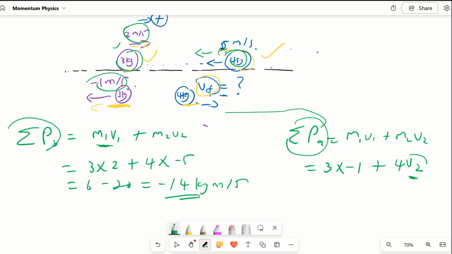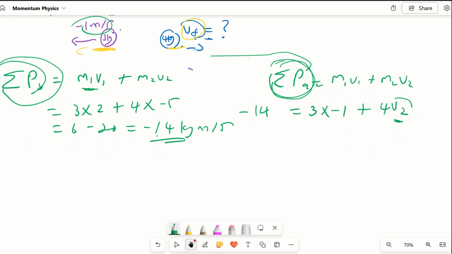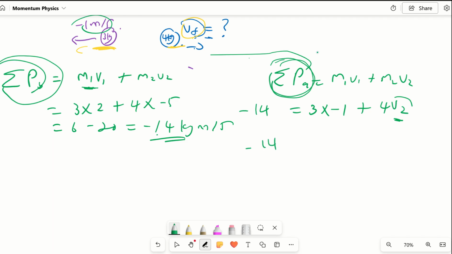So we put here minus 14, including the sign, because the law says the momentum before collision in an isolated system is equal to the momentum after collision. So minus 14 equals minus 3 plus 4 V2. Take this to the other side, it becomes positive. Then it gives us minus 11.